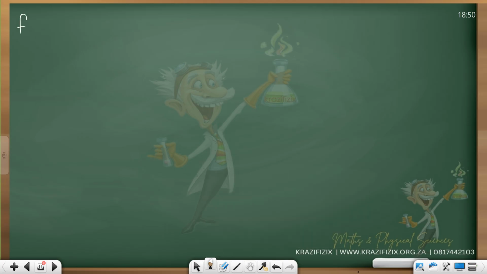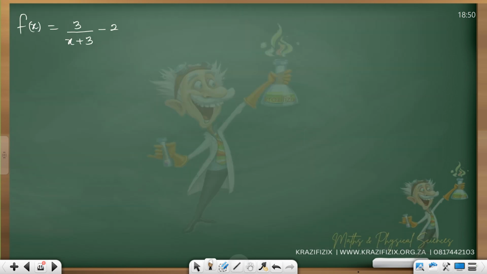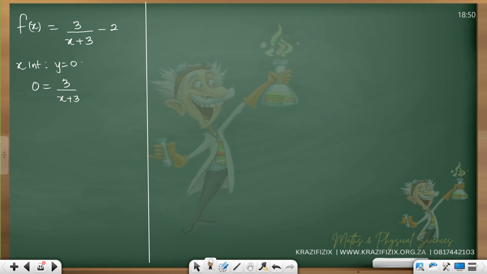So what's our f of x? 3 over x plus 3 minus 2. Is that what we have? Yes. When they say intercept, what are we looking for? X-intercept, and we know that y equals 0. So 0 equals 3 over x plus 3 minus 2.